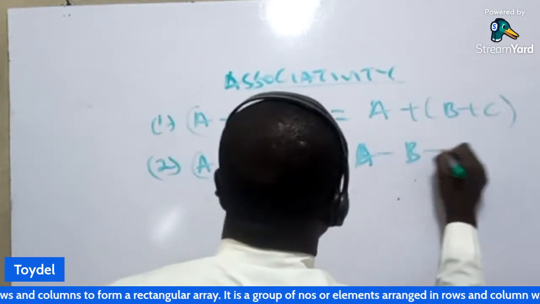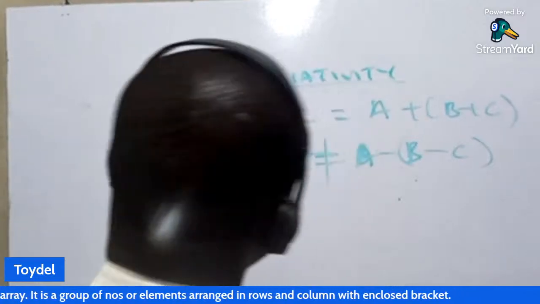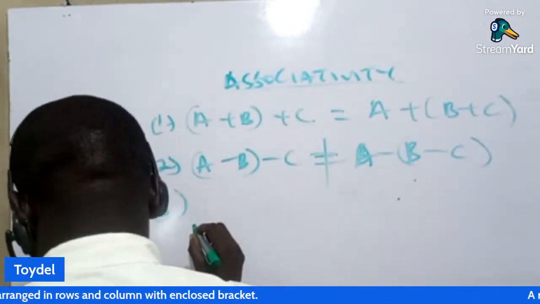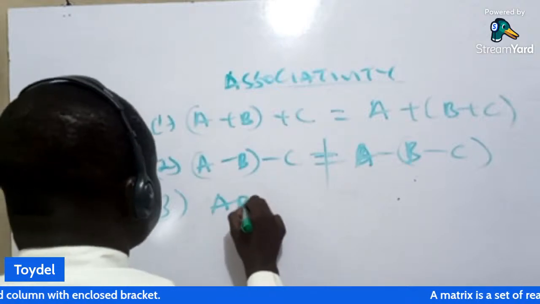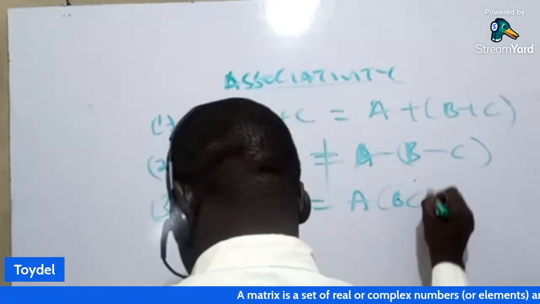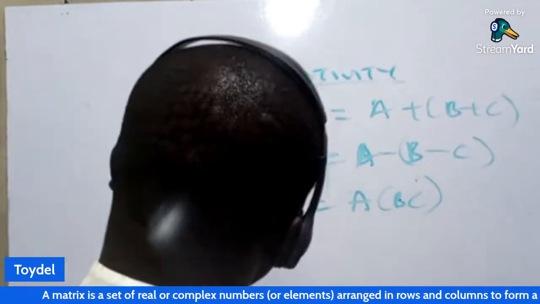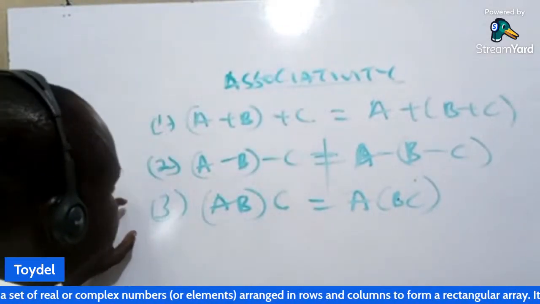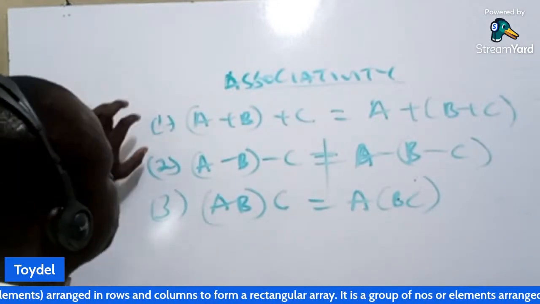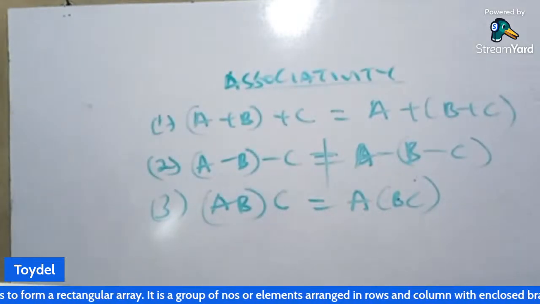A minus B minus C. Under subtraction, it is not possible. So subtraction of matrices is not associative. Then under multiplication, when we have AB multiplied by C, will it be the same thing as A multiplied by BC? Yes. So matrix multiplication is associative. Matrix addition is associative, but matrix subtraction is not associative.